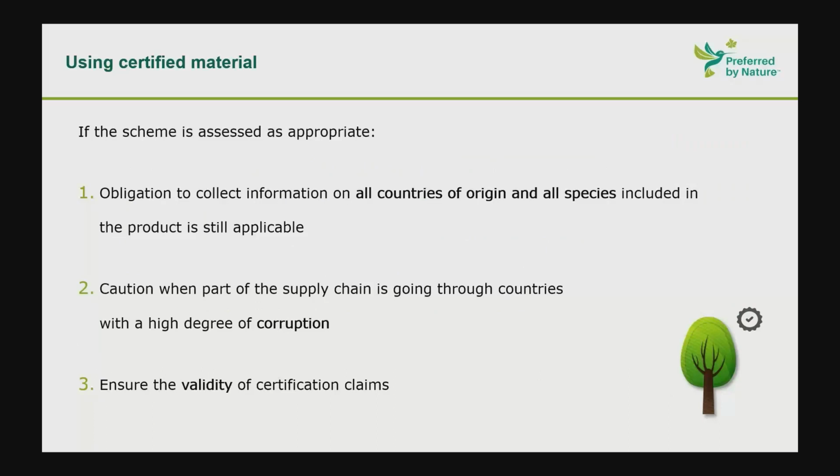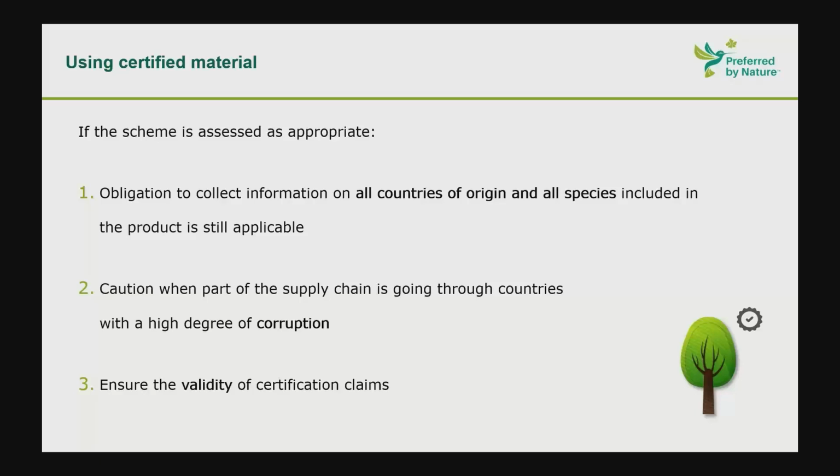But remember that you always need to collect information on the countries of origin and all the species. So this requirement does not go away even if you're buying certified material. Right, that's the first thing. Then the second thing is you also need to take into account the level of corruption or governance issues in the countries of harvest or in the countries in your supply chains.